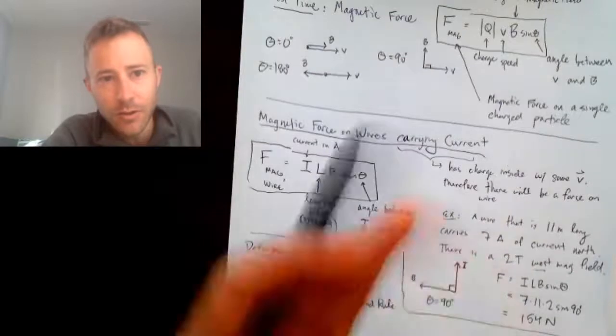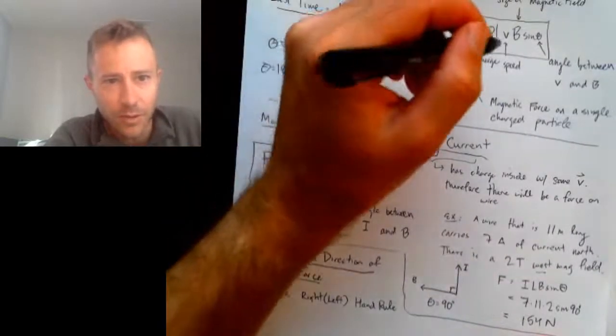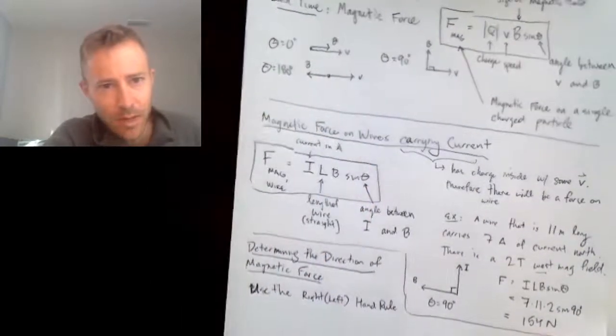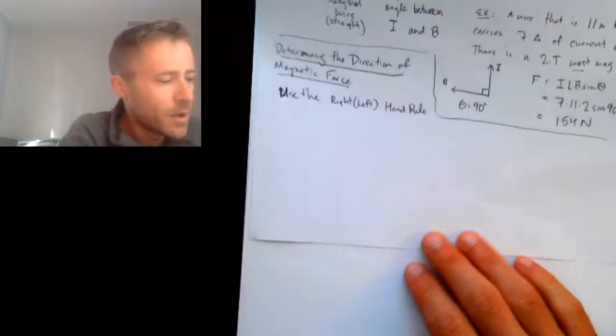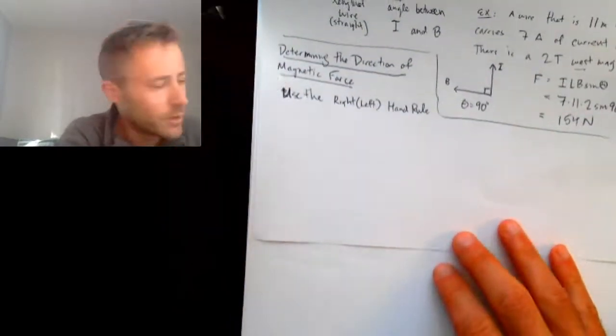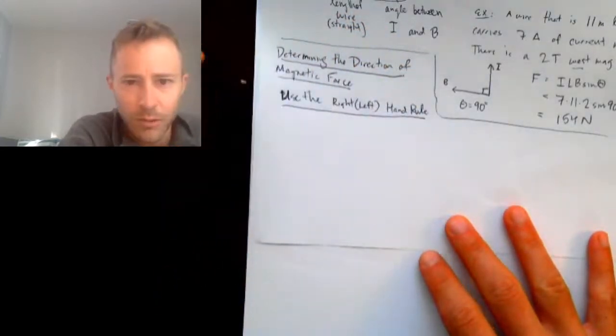It has a magnitude and it has a direction. So this is an equation for the magnitude of the magnetic force. But how do we determine the direction? We have to use something called the right-hand rule or the left-hand rule.